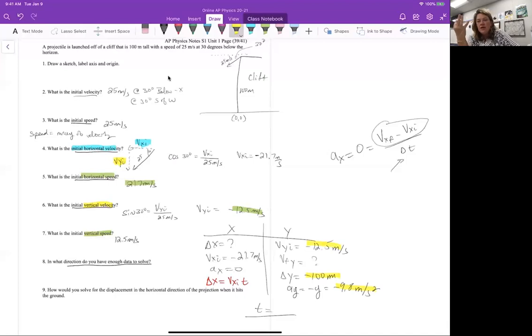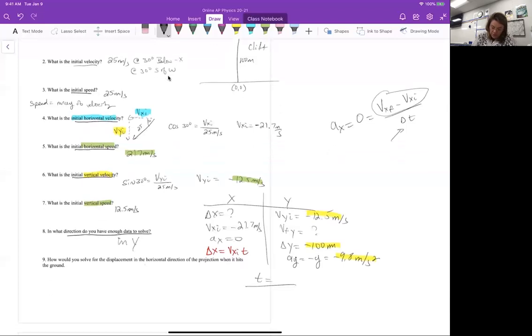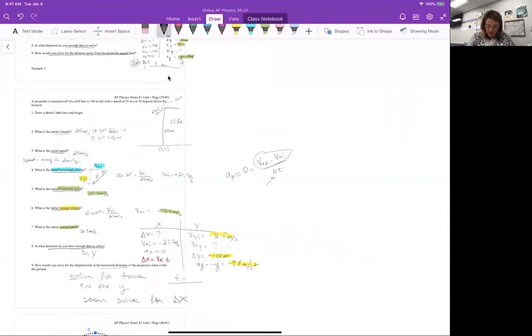I can use the y direction to solve for time and then get my time value and come over here and solve for x. So in the y, I have enough data. How would you solve for displacement in the horizontal? Solve for time in the y, then solve for delta x.